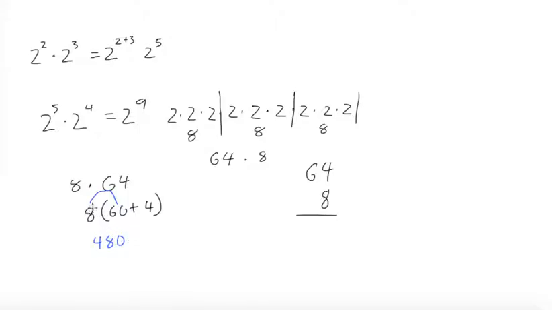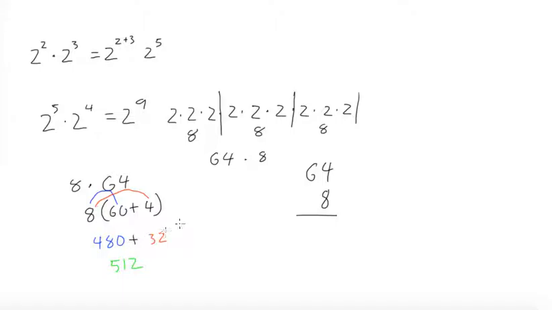All right? And then you would afterwards do 8 times 4. Well, that equals 32. Oh, not 36, 32. And you're going to plus those together, and when you do, you're going to get 512, like so.